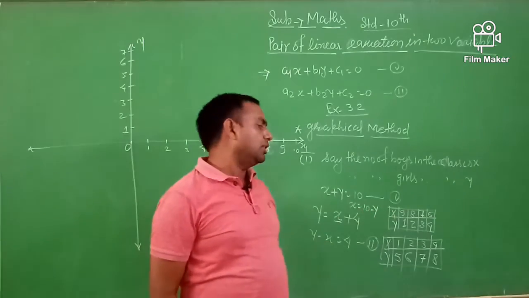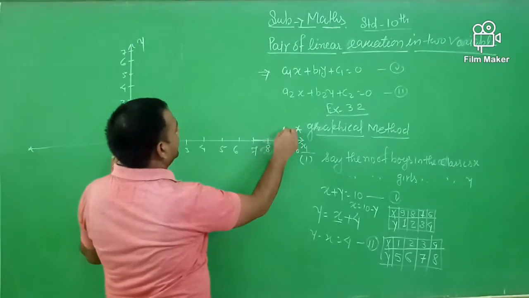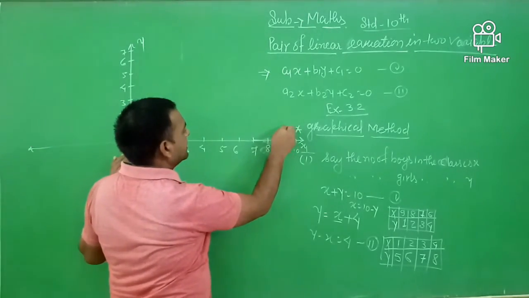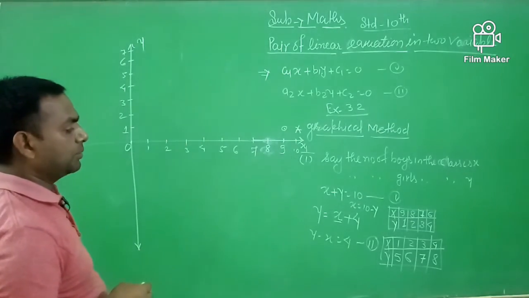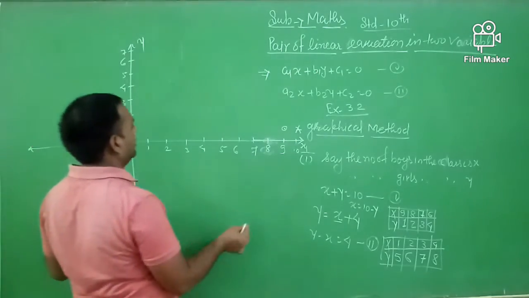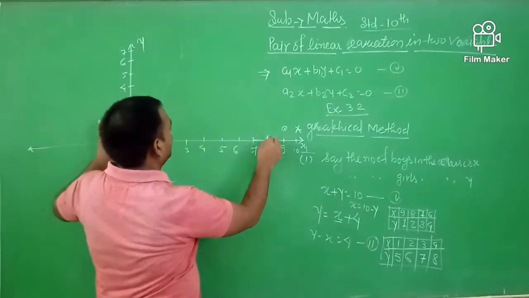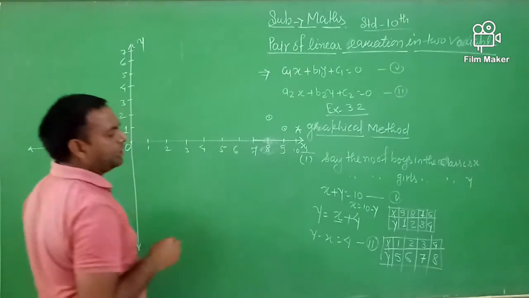If x is equal to 9, then y is equal to 1. It means that point. If x is equal to 8, then y is equal to 2. Here, second point.